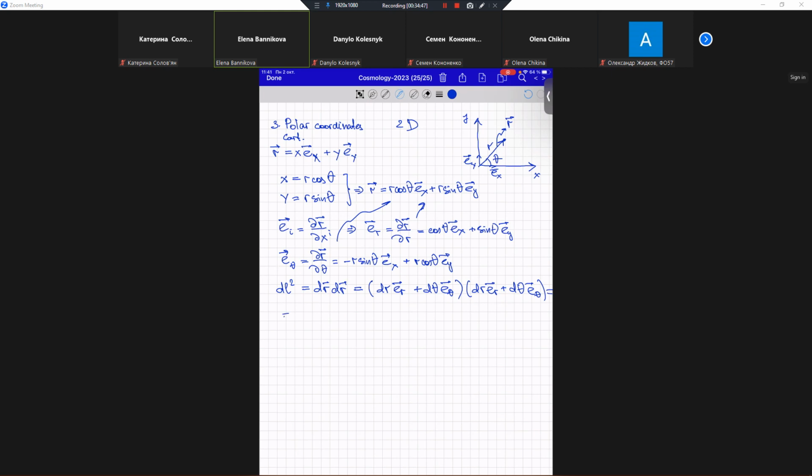So finally, what I have: the first sum on square, dr square er er, plus 2 dr d theta er e theta, plus d theta square e theta e theta.